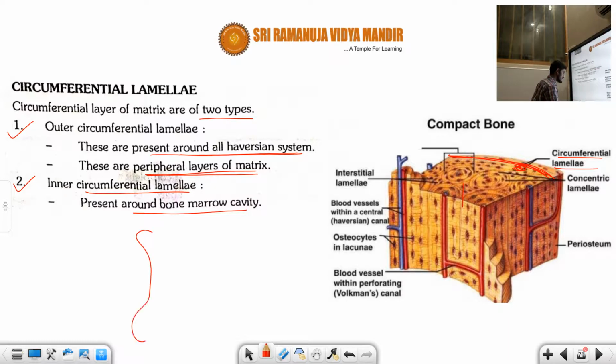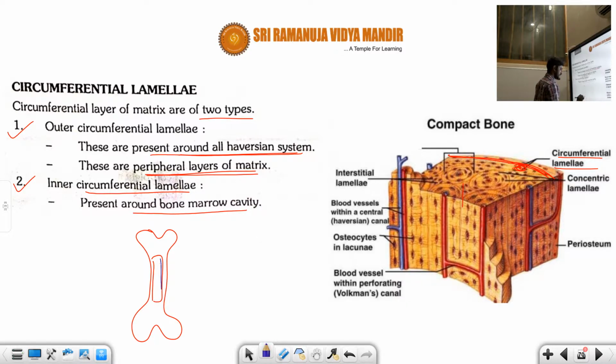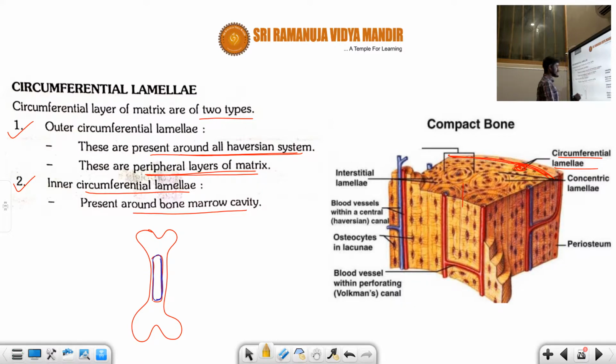Suppose I draw the diagrammatic representation, where this is the compact bone. In this one there is an inner part. What does this blue colored part indicate? That is the inner circumferential lamellae. After the inner circumferential lamellae there is the bone marrow. What is that? That is the yellow bone marrow.